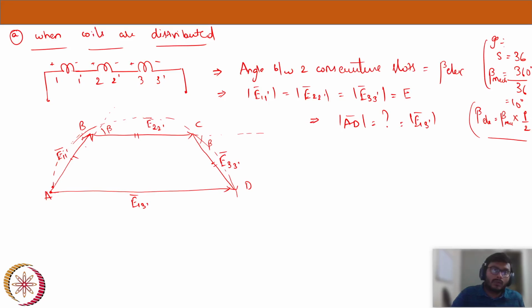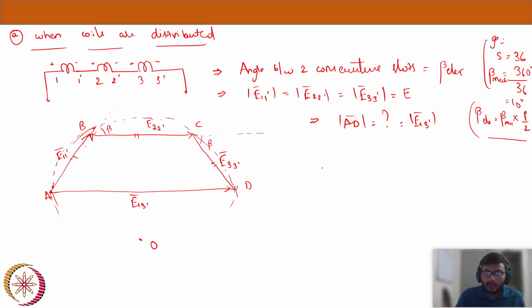This is like a circle circumscribed like here. Somewhere here we will have a center O. Now I will use some geometry or circle properties to find the length of AD.